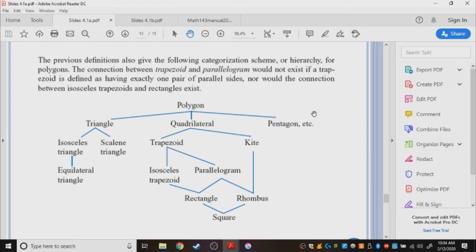And in the quadrilateral section, there are more connections, one being a special case of the other, and so on. So it's important to understand why those connecting lines are there and check your understanding of which one is a special case of which one.